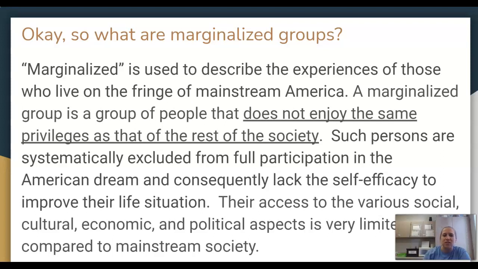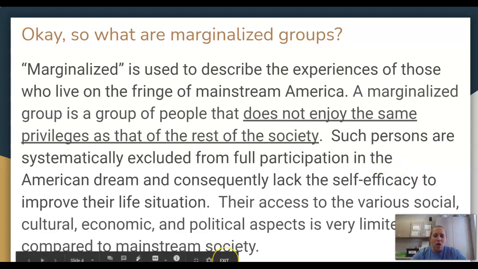Such persons are systematically excluded from full participation in the American dream and consequently lack the self-efficacy to improve their life situation. Their access to the various social, cultural, economic, and political aspects is very limited when compared to mainstream society. They do not enjoy the same privileges as the rest of the society.